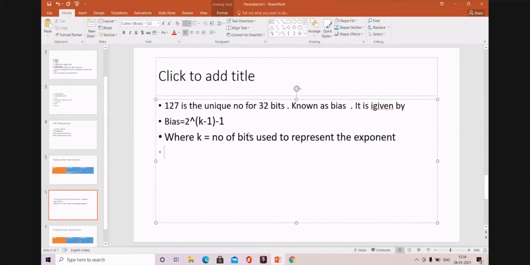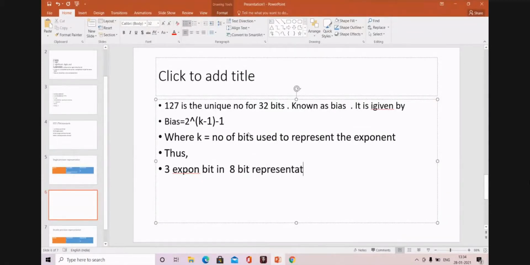So thus, you can say that, for the exponent bits in 8-bit representation. These are all your mathematical terms that you have to know.